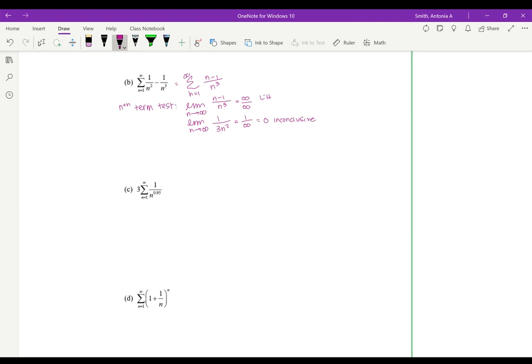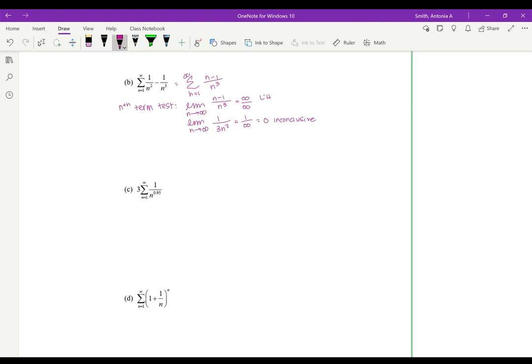So again, the nth term test, it's not the most accurate test. It doesn't tell us all that we need to know, but it's fast if you're testing just for divergence, right? We know that this may or may not diverge, it may or may not converge, but it's for sure not just diverging because it's inconclusive. Okay, so we need another test to do this.